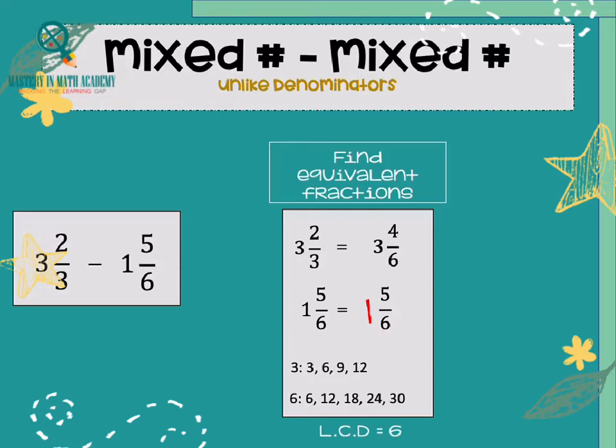If 1 and 5/6 come second, keep it on the right. Don't change your order because you are going to end up with the wrong answer for the most part. There are times when you might have coincidence and you end up with the right answer, but it does not happen like that all the time. Pay attention to the order. Order matters.